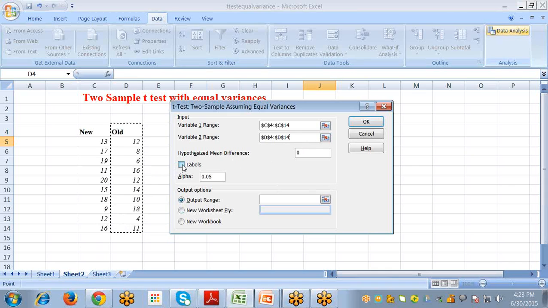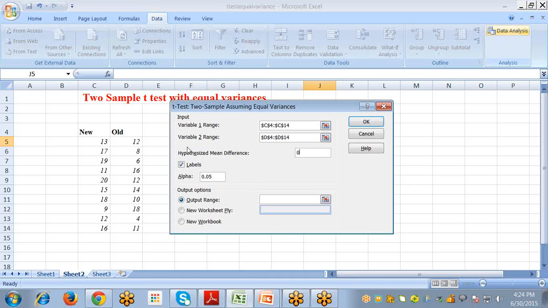I did include labels, so I tick labels. Here the hypothesized mean difference is 0. The hypothesized mean difference is usually 0. In this case we are hypothesizing there is no difference between the means, so I'm going to put 0. And the alpha level is 5% or 0.05, so I'm going to keep that as is. It is a pretty standard level for a hypothesis test.